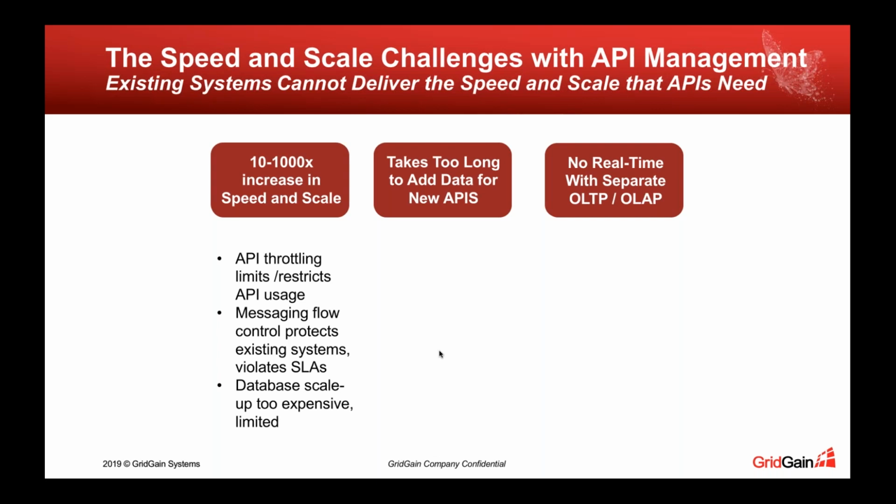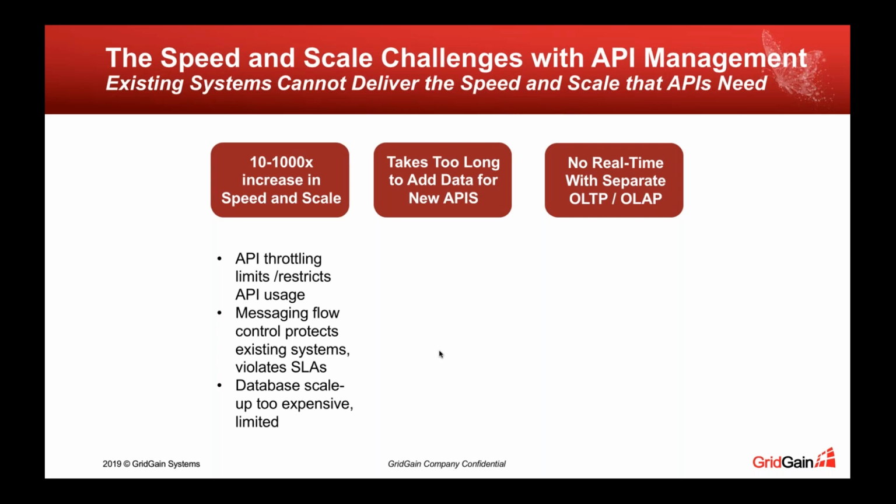The second is underneath, the API throttling actually comes from flow control and middleware, from messaging and application integration systems, where you used to point a finger at the middleware when the mainframe went down because the middleware was in the middle, creating the load. TIBCO EMS has it, some other systems have it. You basically smooth out the loads by queuing up requests in queues in your messaging infrastructure.